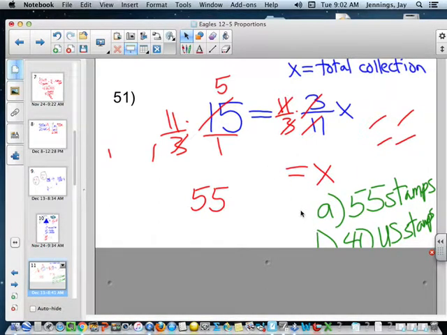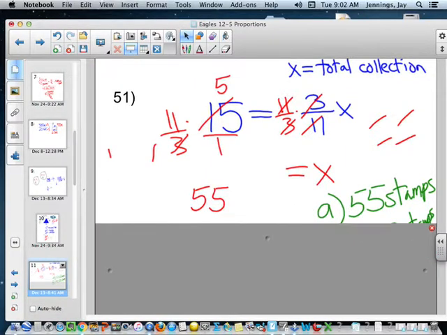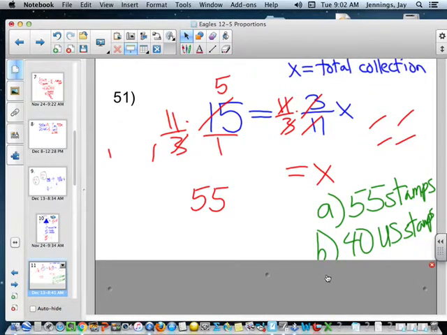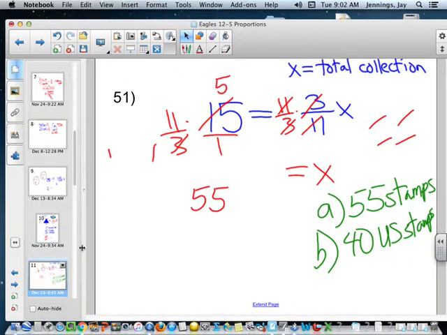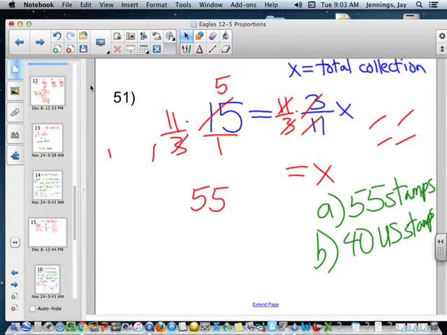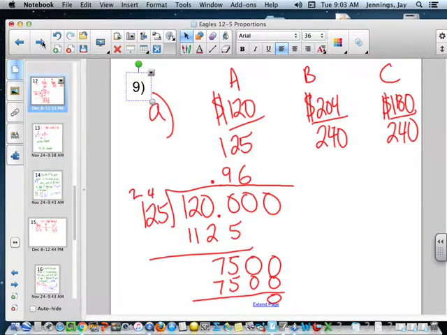Then they say, if that's your total, how many U.S. stamps? Well, 55 is your total, and 15 are from Canada. Then that leaves 40 U.S. stamps in your collection. Okay, so let's take a little bit of time to pass that in and then maybe go over some proportion stuff.